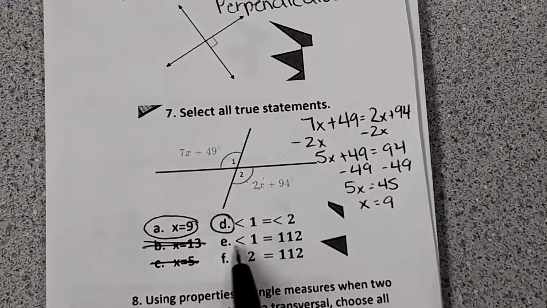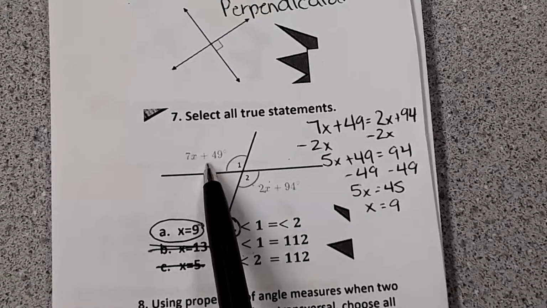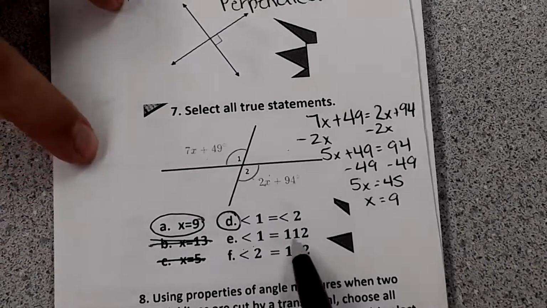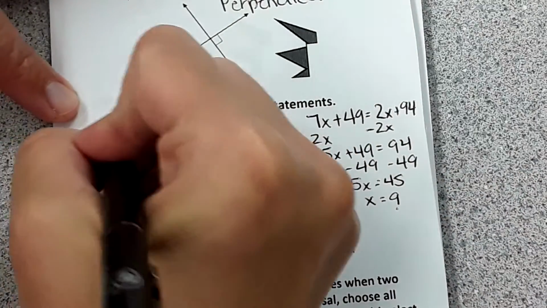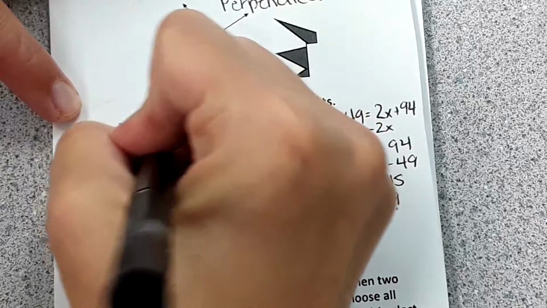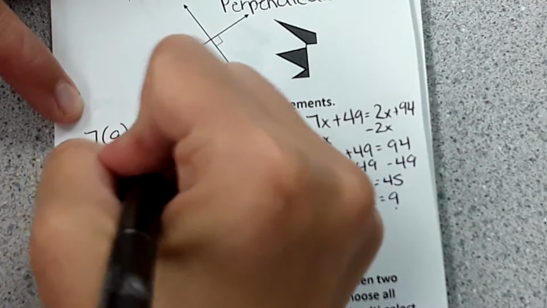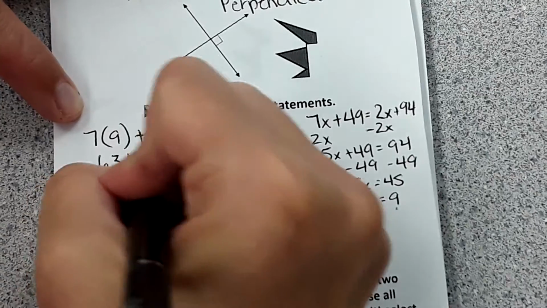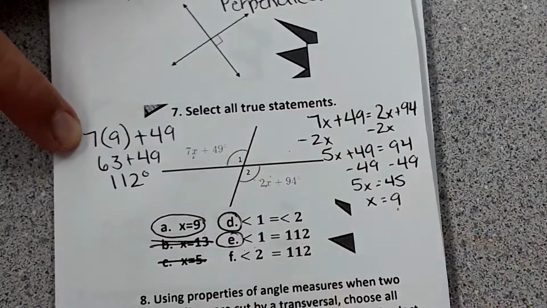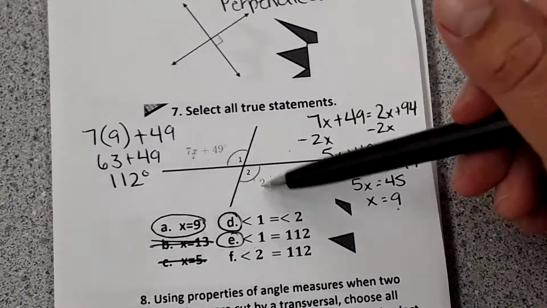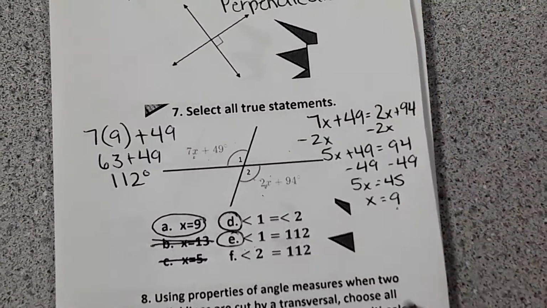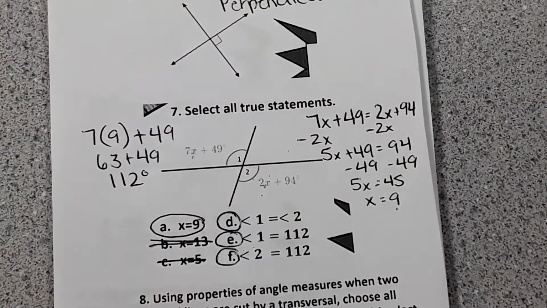For E, it says angle 1 is 112 degrees. Well, the way I would determine if that's correct is I take x equals 9 and plug it into that expression. 7 times 9 plus 49, 63 plus 49 does equal 112 degrees. So angle 1 is 112 degrees. And then being that these are vertical angles and vertical angles are equal, we can say that angle 2 is 112 degrees as well.